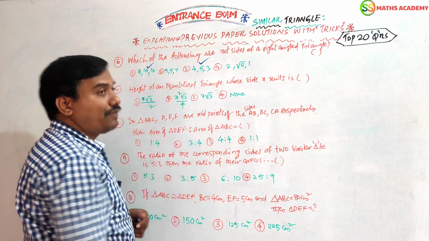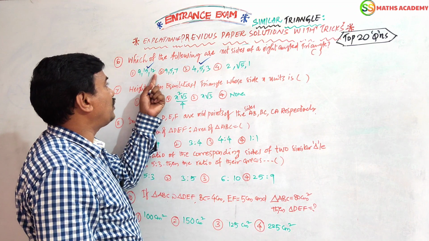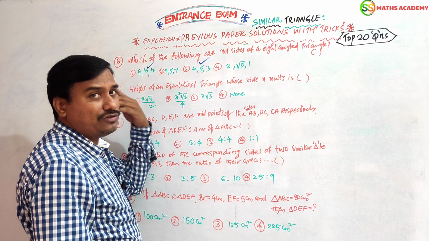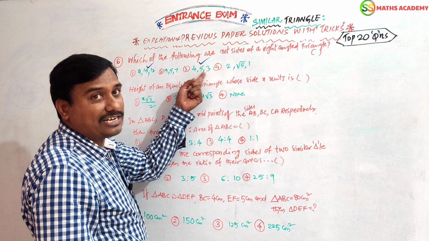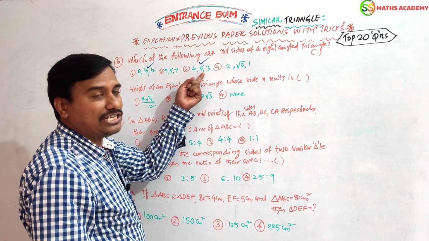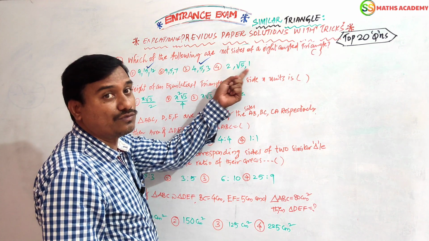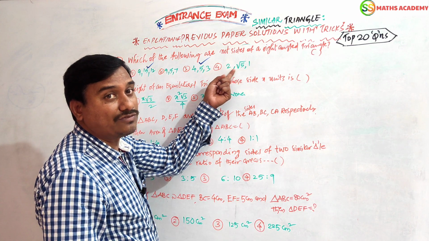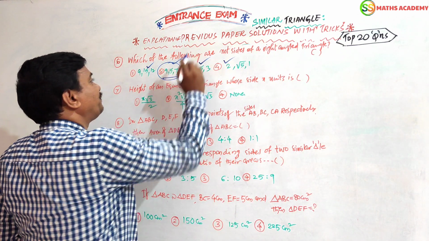Here it can form a right angle triangle because 15 square is 225, 12 square is 144, 9 square is 81. Sum of these two is also 225. 5 square is 25, 4 square 16, 3 square 9. 16 plus 9 is 25. It is also satisfied. 2 square is 4, 1 square is 1, 4 plus 1 is 5. Root 5 square is 5. 5 equals 5. It is also satisfied.